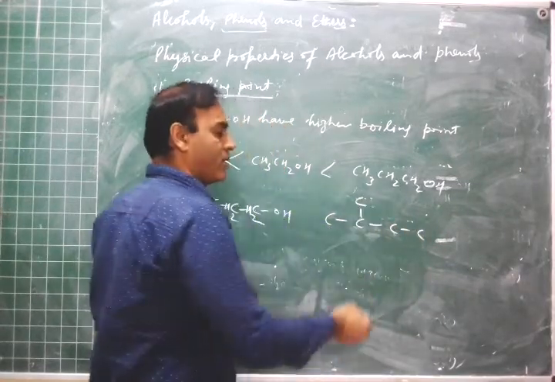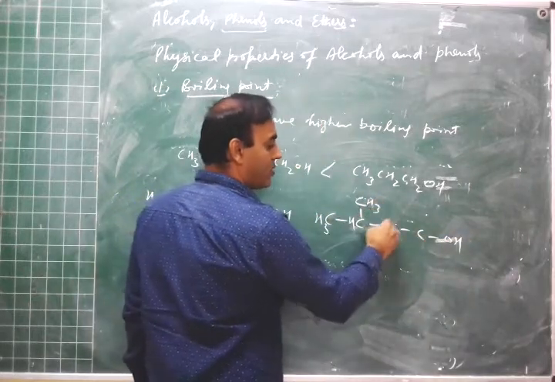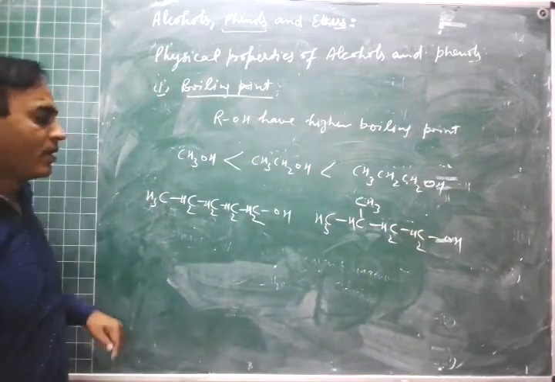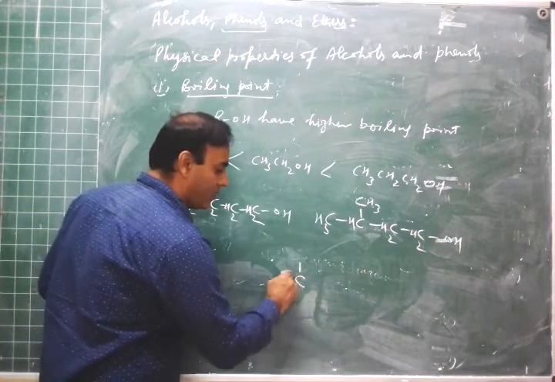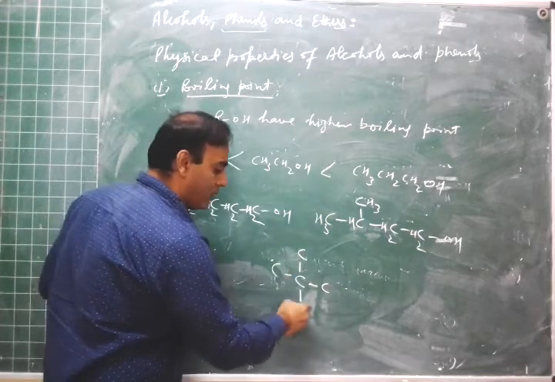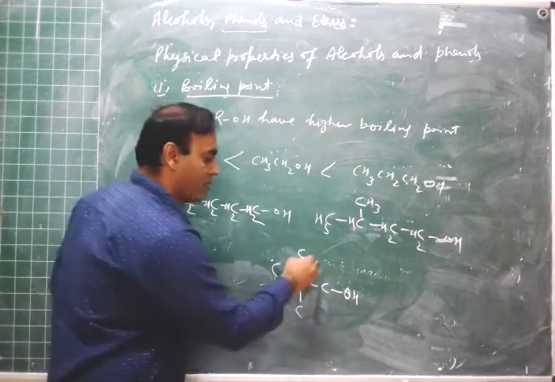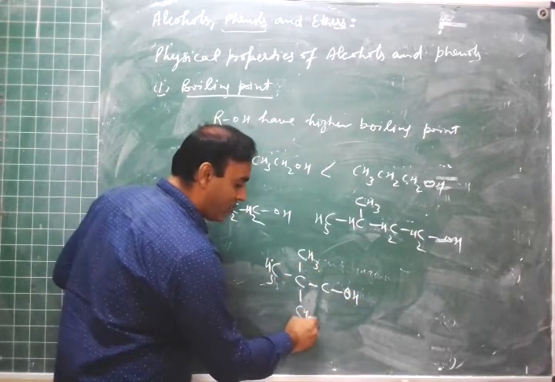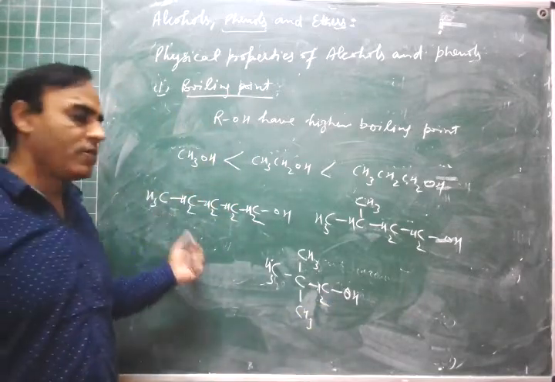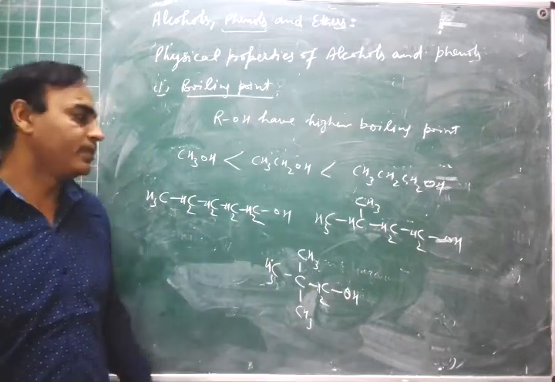CH3, CH3, CH, CH2, CH2, and this is isopentanol. Now take another isomer, that is neopentane, neopentanol. Now this is neopentane. Now attach OH, and this will become neopentanol, right? So CH3 here, CH3 here, CH3 here, and here is CH2. So this is unbranched. This is slightly branched, and this is completely branched.